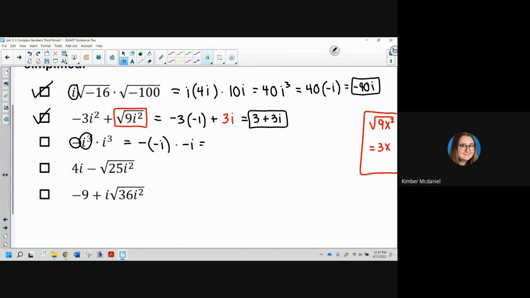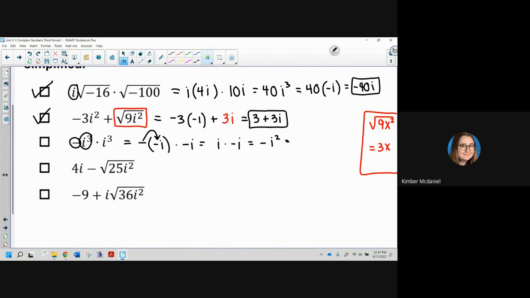Okay. Distribute a negative times a negative i is going to change that to a positive i. So I have i times negative i. We know positive times a negative is a negative. And somebody tell me, what is i times i? i to the, how many are there? 1 and 2. So i to the second.